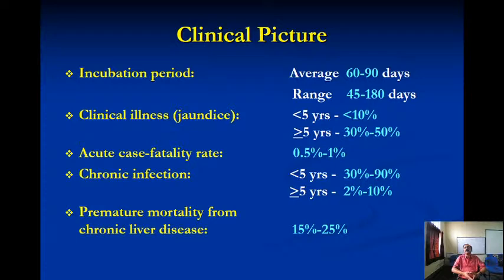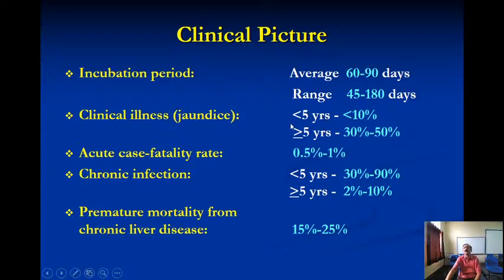The incubation period is 45. Please change this to 45. Yeah, here it is. 45 to 180 days. The average being 60 to 90 days. The clinical illness in less than 5 years old is less than 10%, and more than 5 years, 30 to 50%. You see, what we're talking about is not the age.